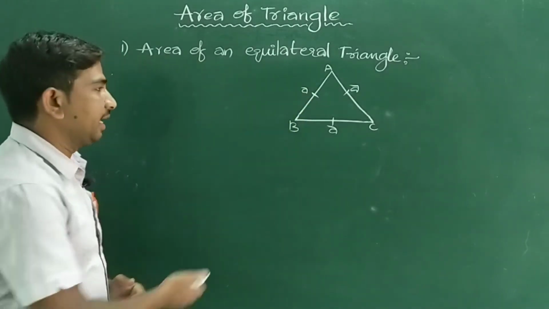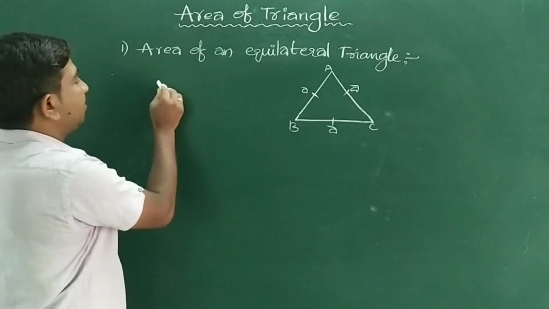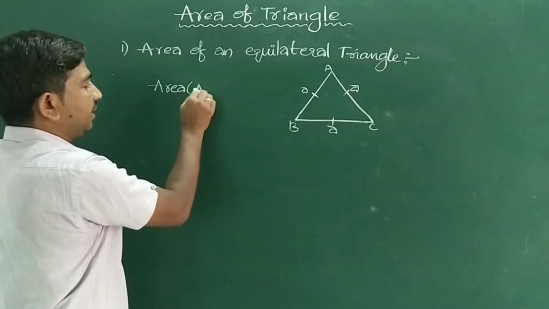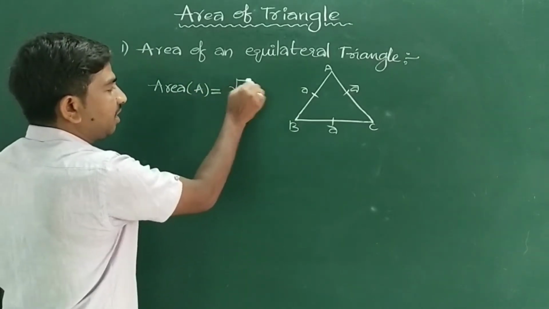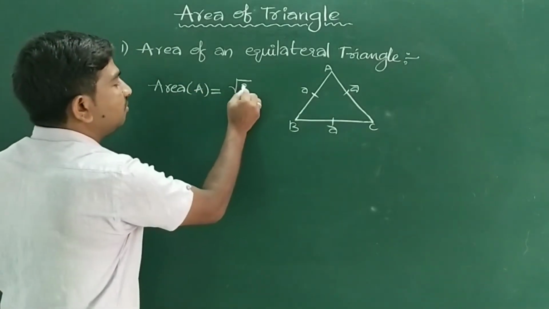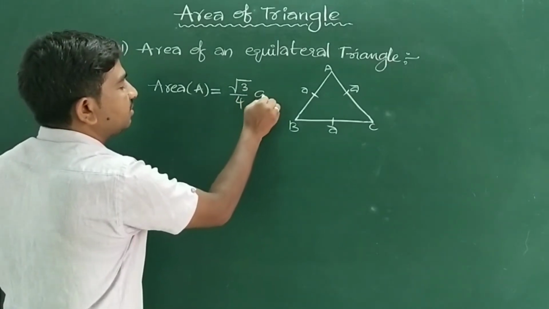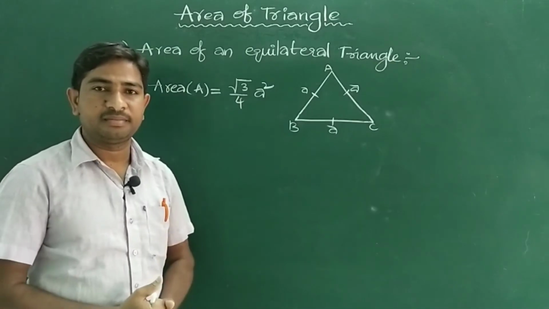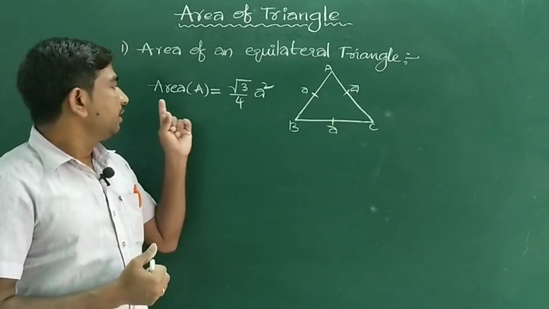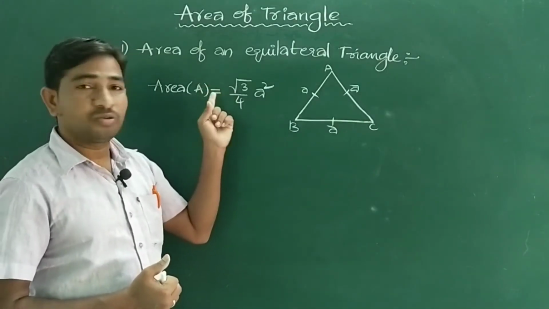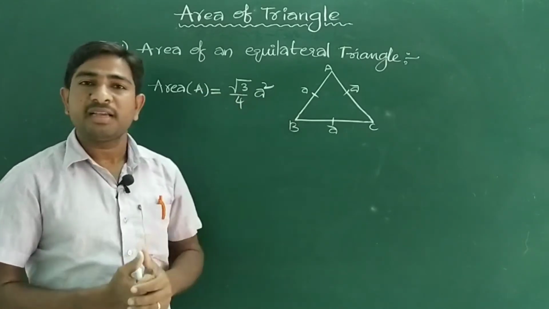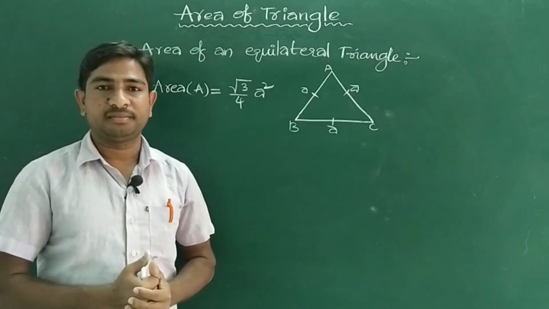We have the formula: area A equals root 3 by 4 a square. So the area of an equilateral triangle is root 3 by 4 a square.